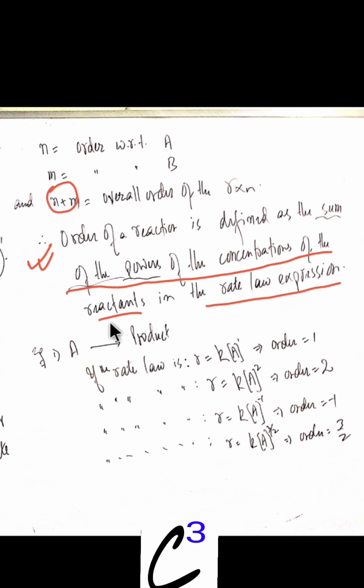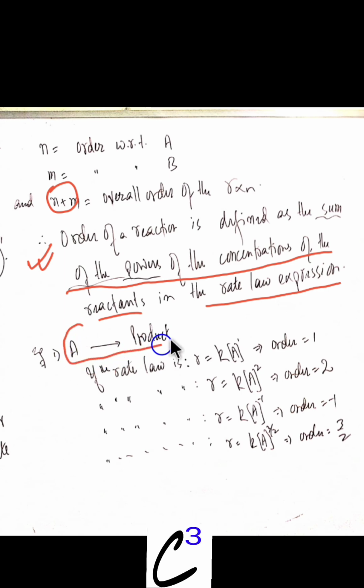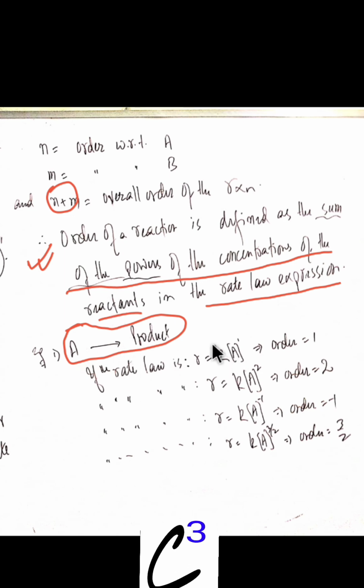Okay, now I am giving two examples here. The first example is of a single reactant only. A gives product, for example, and for this particular reaction we cannot say the order of the reaction is 1. If the rate law of this reaction is written like this, R is equal to k[A] to the power 1, then this 1 is the order of this reaction.